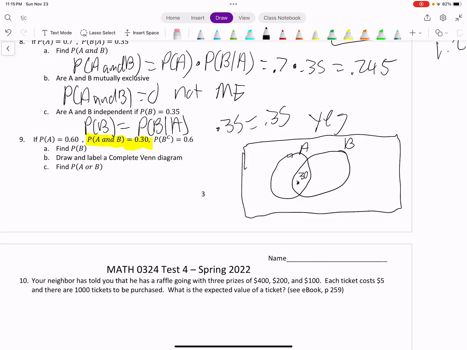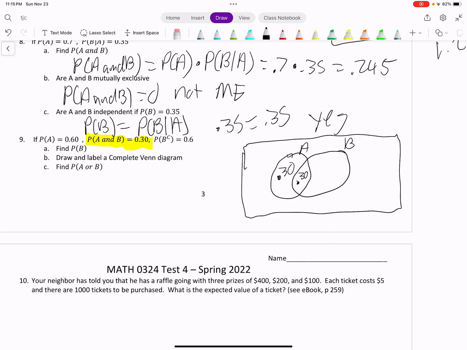Okay, then we have probability of A is 60%. Well, that's all of A, including A and B. So all of A is 60%, which means this part of A is 30%, because the two 30% add to 60%. Okay, now we have probability B complement, which is everything outside of B is 60%.